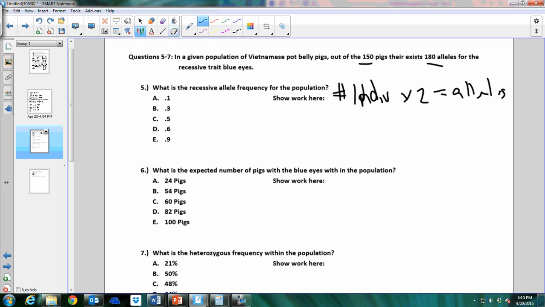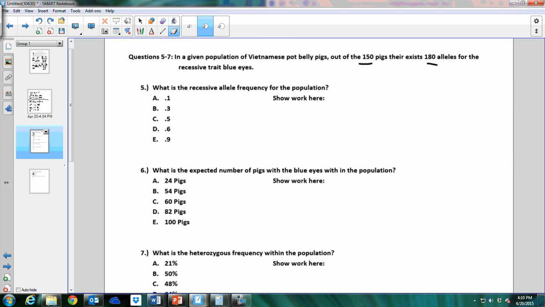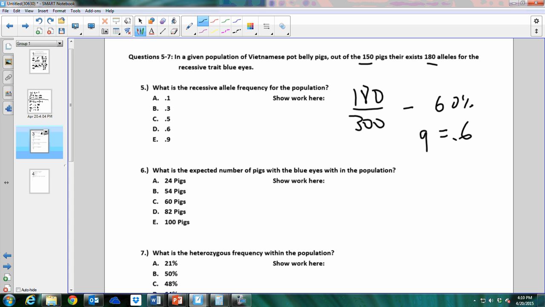So there are 300 alleles in the population. 180 of those alleles are recessive. So the percent of recessive alleles in the population is 180 over 300, or 60%. And so q is equal to 0.6, therefore p is equal to 0.4.